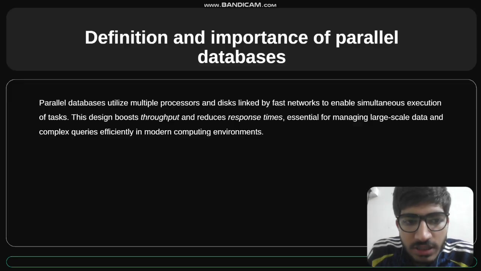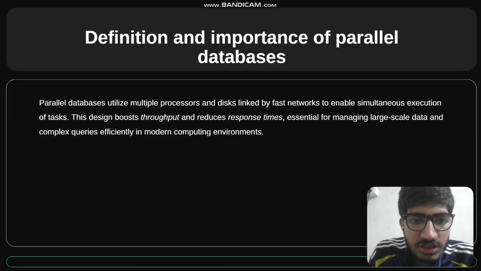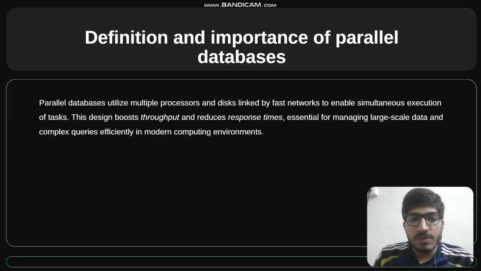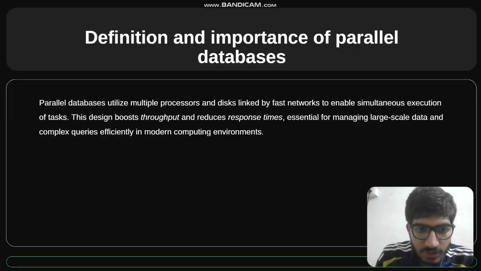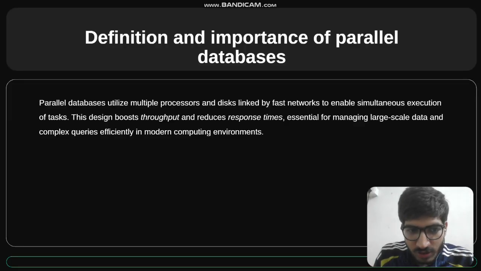So the core idea behind parallel databases is simple, that is divide and conquer. A parallel database is a single logical database system that utilizes multiple processors and multiple disks connected by a high-speed network, all operating in close proximity.